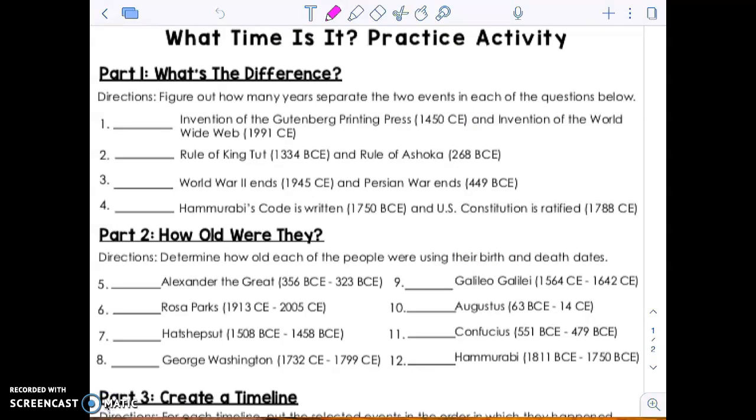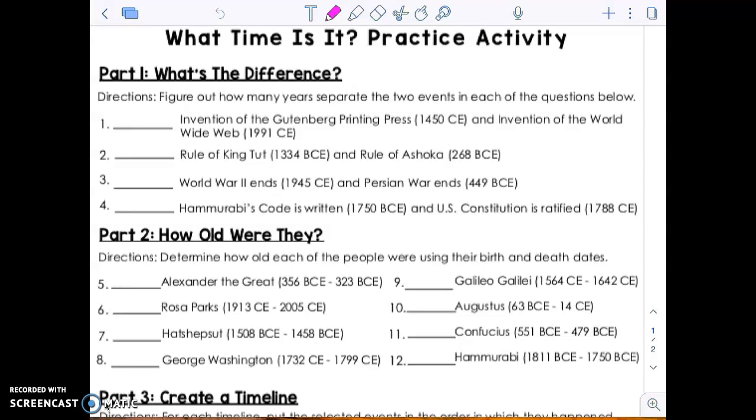The first activity is looking at what is the difference. So figure out how many years separate the two events in each of the questions below. So we're looking at the invention of the Gutenberg printing press in 1450 CE, Common Era, and the invention of the World Wide Web in 1991 CE. I have to say I remember that.